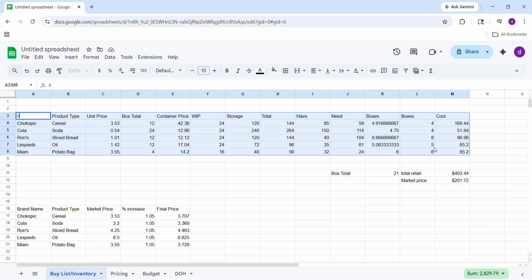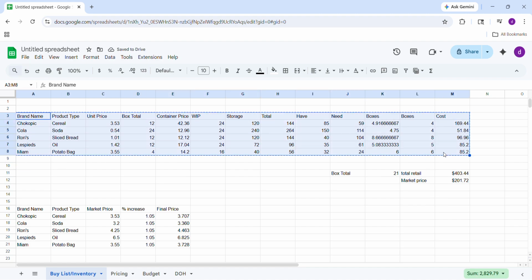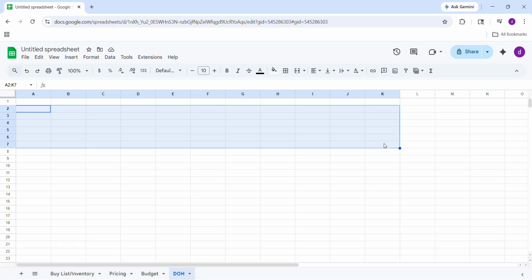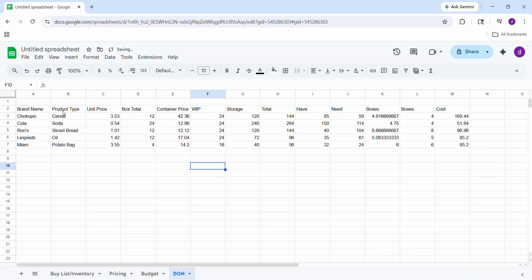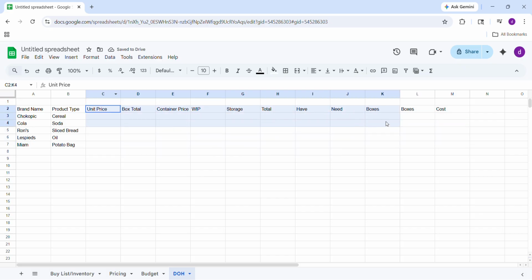All right. Now, again, I keep hitting Function C, not Control C. Okay. I was going to use that template. Now we have our products. We're not going to use these totals. Okay.